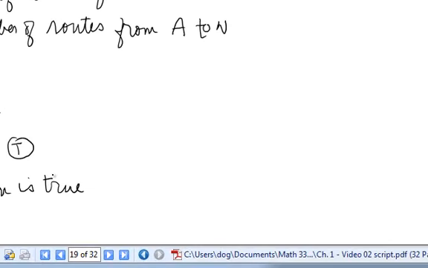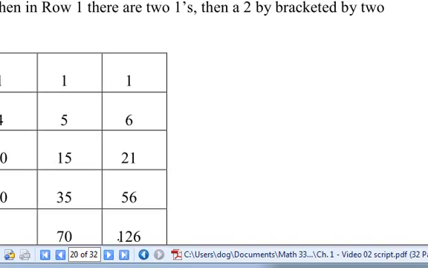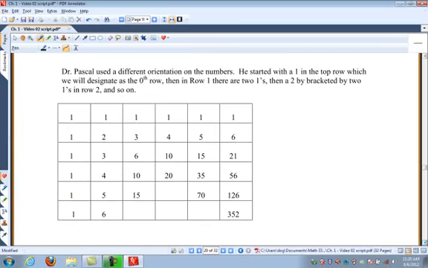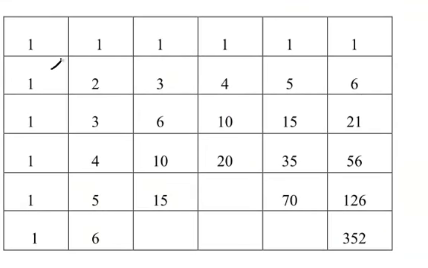Okay. Now, Dr. Pascal used a different orientation on the numbers. He started with a 1 in the top row, which we'll designate as the 0th row. And then in row 2, he picked up these 2 1s.